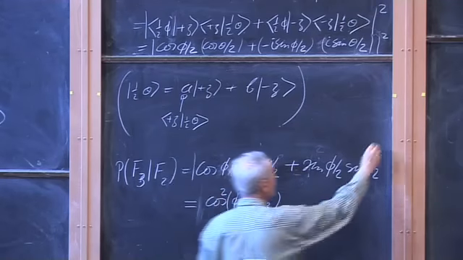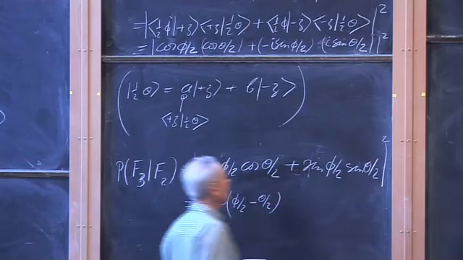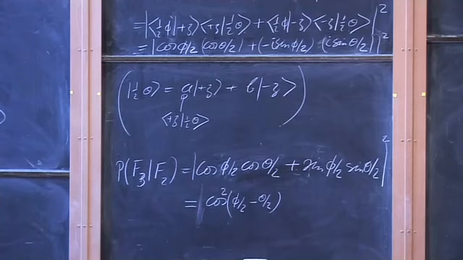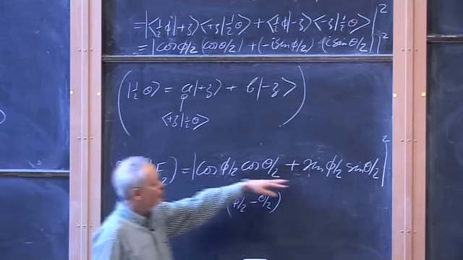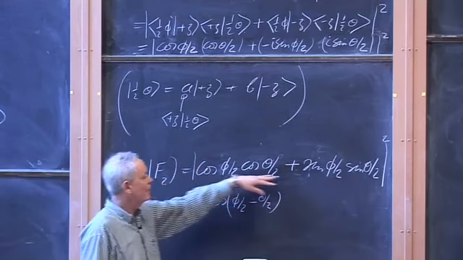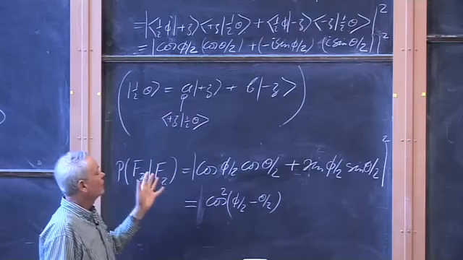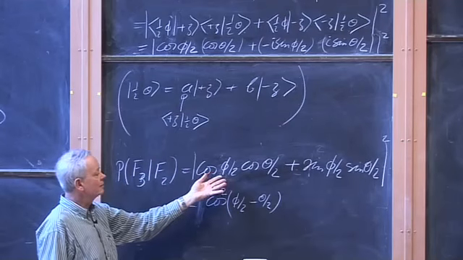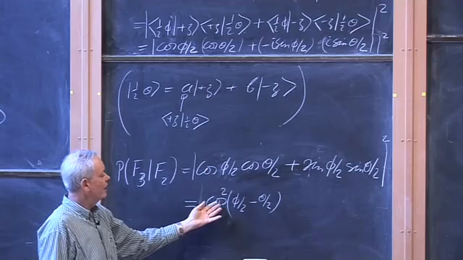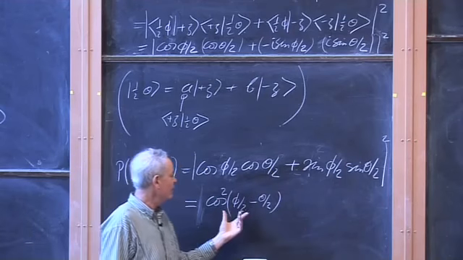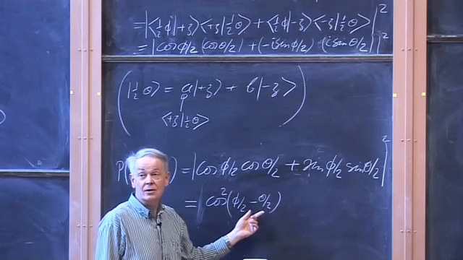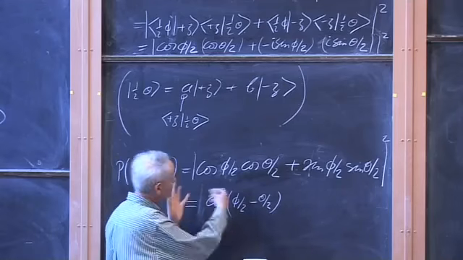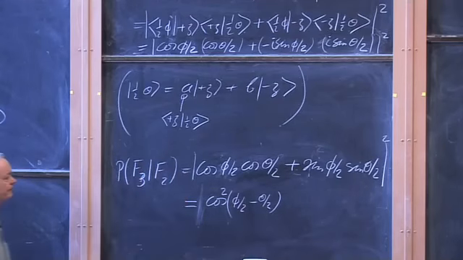That's what it is, and then we have to do a mod square of it. And we have a formula in trig which says that this combination of cosines and sines is the cosine. What's in here is actually the cos of phi upon 2 minus theta upon 2. And then we had to square it. Sorry.